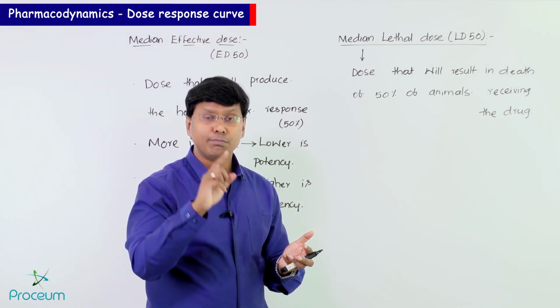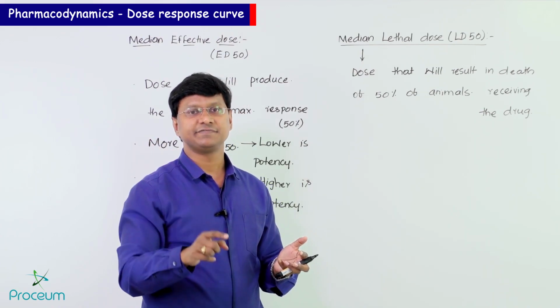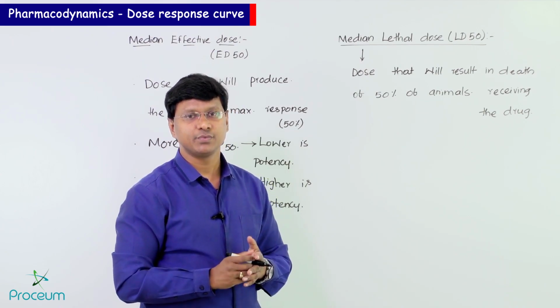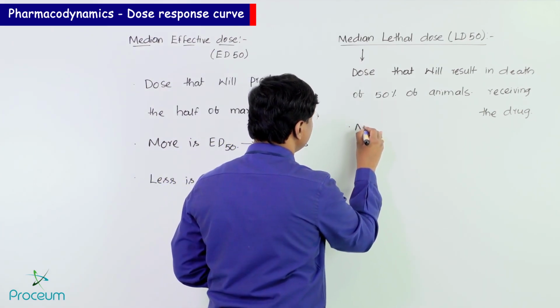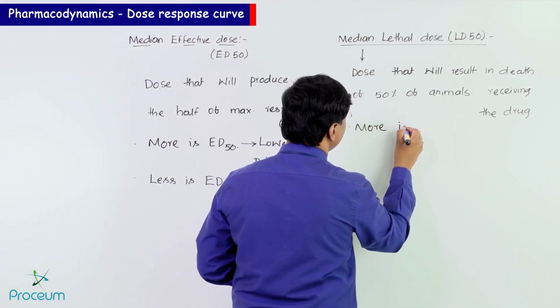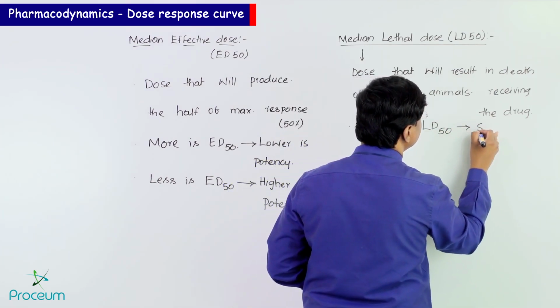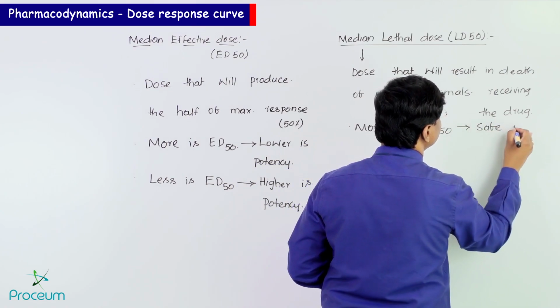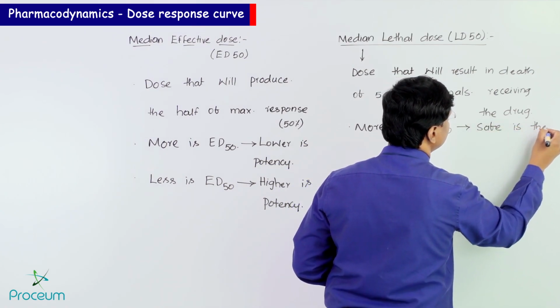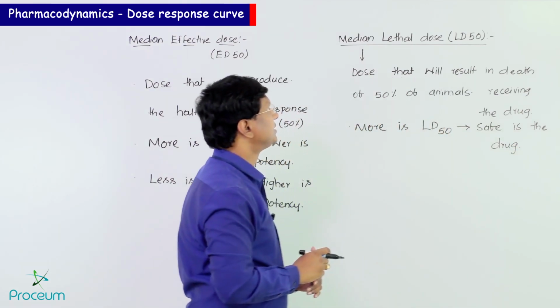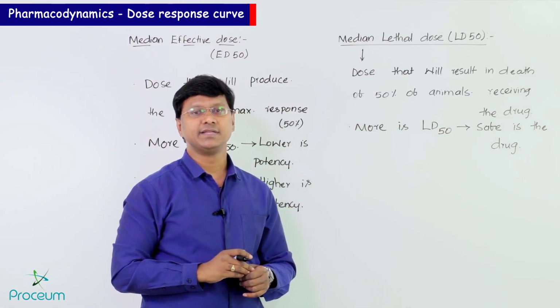So more is the LD50, safer is the drug. That means if you give the drug in lesser quantities, it is very much safe. So more is LD50, safer is the drug. That is what is called the median lethal dose.